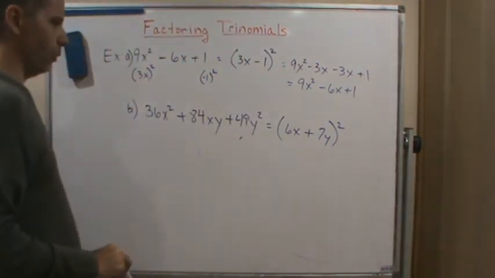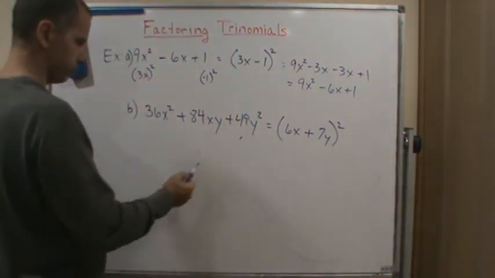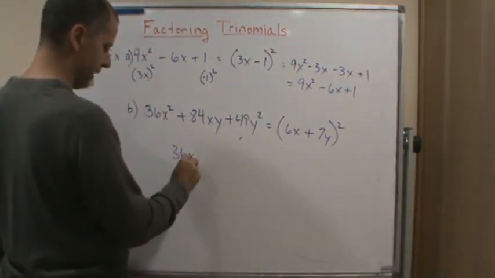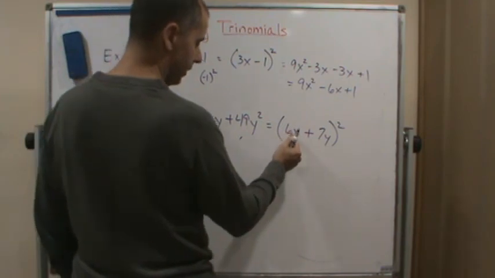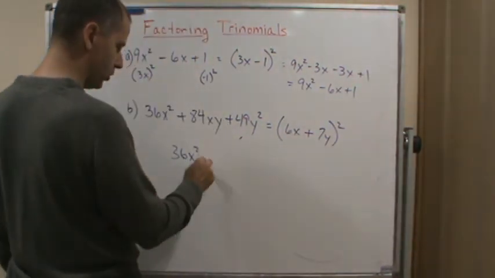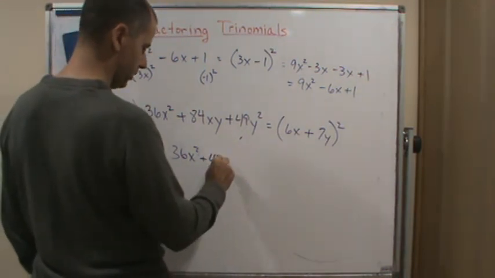And again, we want to FOIL this out. 6x times 6x is 36x squared. And then 6 times 7xy is 42, but we're going to get 2 of those.